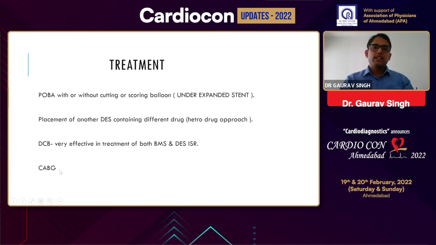And in selected cases where placement of another stent is not possible or a drug-coated balloon is not possible, then CABG is a viable alternative option. So we have 4 options for management of this case. The preferred ones are placement of another stent containing a different drug or DCB, and CABG in selected cases.